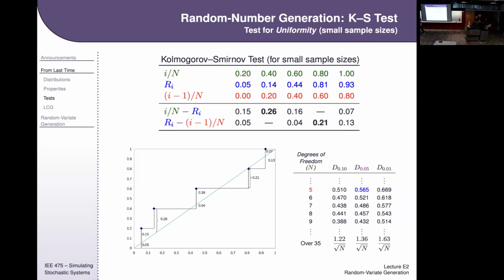Does that make sense? If they're uniformly distributed and there's 20 numbers, the first number should probably be between 0 and 1/20. Sometimes it'll be greater than that, however, but if they're uniformly distributed and there's 20 of them, the smallest number should hopefully be in this bin between 0 and 0.2. The next highest number will hopefully be in this bin between 0.2 and 0.4, and so on and so forth.